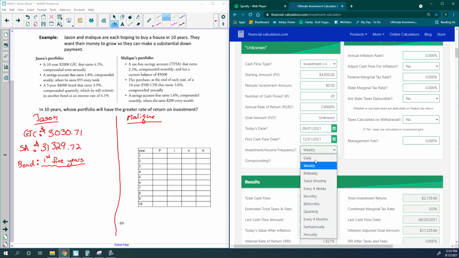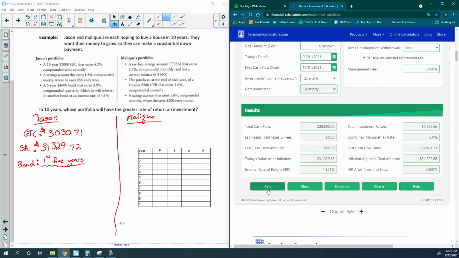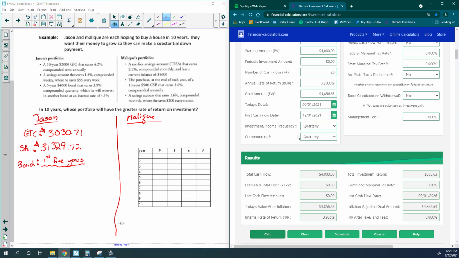We are doing quarterly, so I have to switch my drop-down menus to quarterly. It calculates. So for the first 5 years, it's going to be worth $4,856.65.